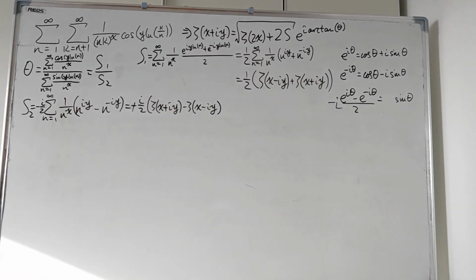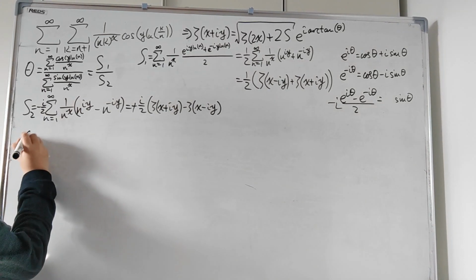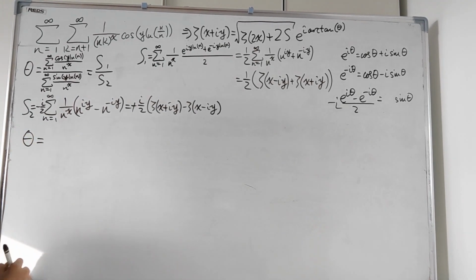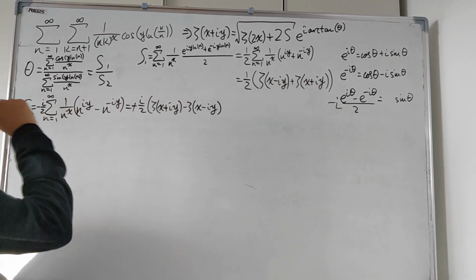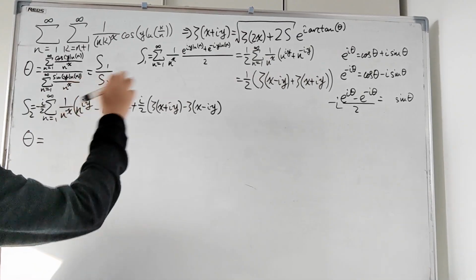And basically all we're going to do is divide one by the other. And we can see some interesting cancellation happening with the 1/2. So we have in total tan theta is equal to, think about it, it's S1 over S2, right?